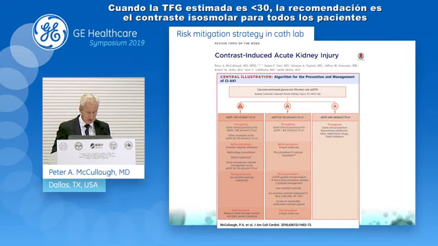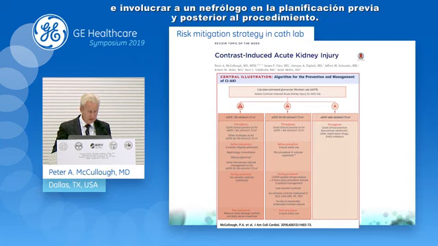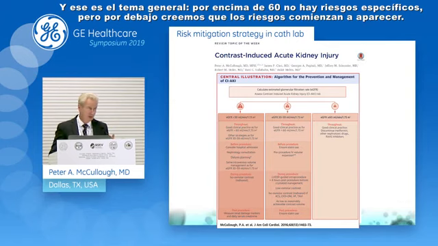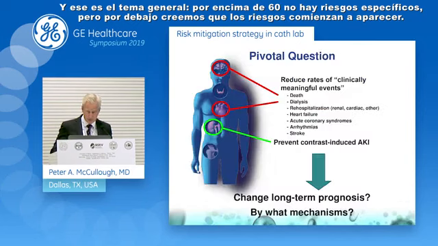When the GFR is below 30, the recommendation is isoosmolar contrast for all these patients, and then to have nephrology involved regarding pre- and post-procedure planning. And that's kind of the general theme. Above 60, there's really no specific risks, but below that area, we believe the risks begin to accrue.